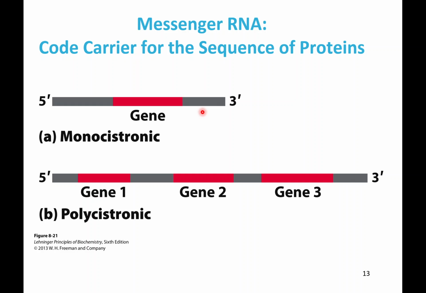So those are shown here in gray. And the red part of this messenger RNA is what actually encodes for the protein. So that's referred to as the gene that encodes for the protein. Okay, so when the messenger RNA has one gene or one protein that it encodes, that's monocistronic. When there are multiple genes for multiple proteins, the term that we use is polycistronic.